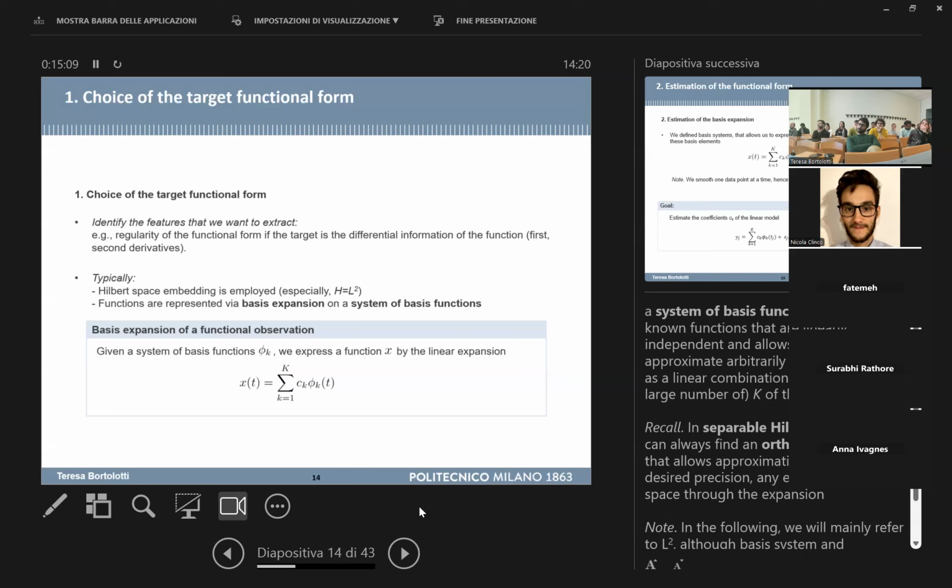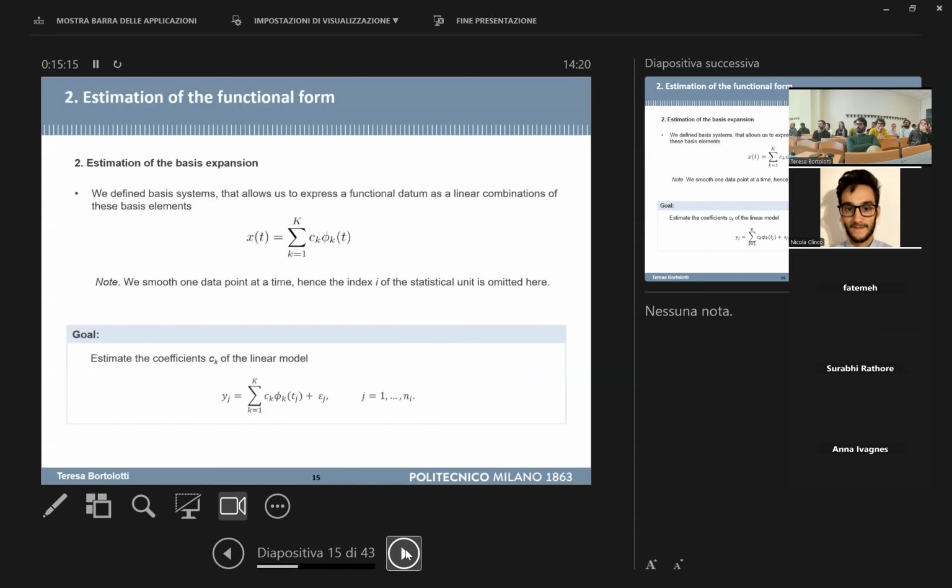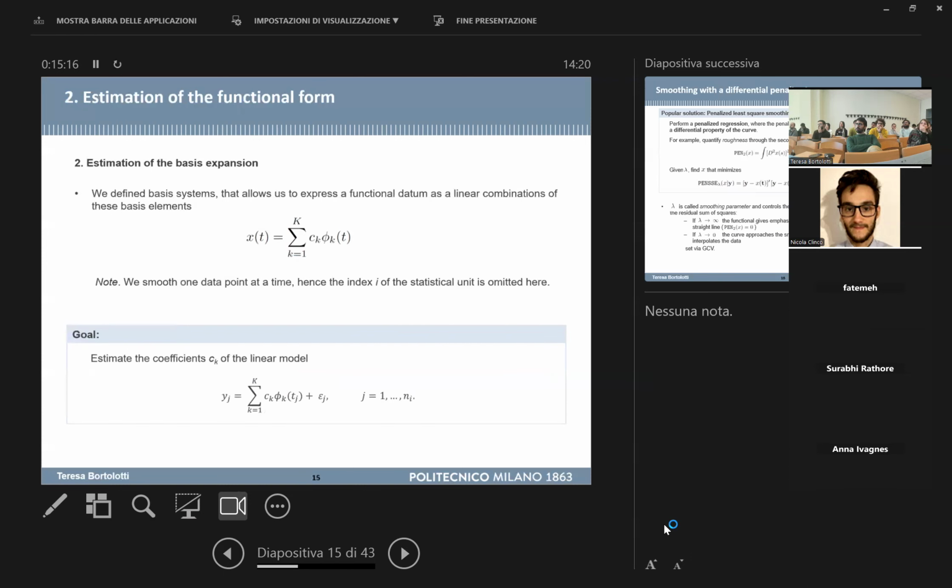Okay, so once you have selected your system of bases, how do you find the vector of coefficients? Well, you basically look at the problem as a regression problem, where you assume that your longitudinal observations are the noisy realizations of the function that have an error.